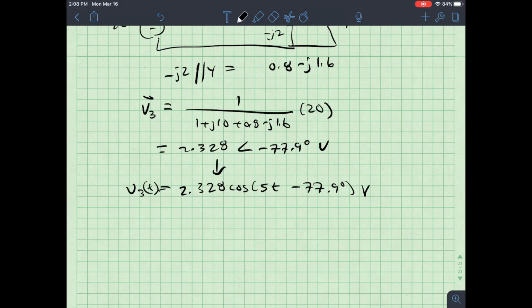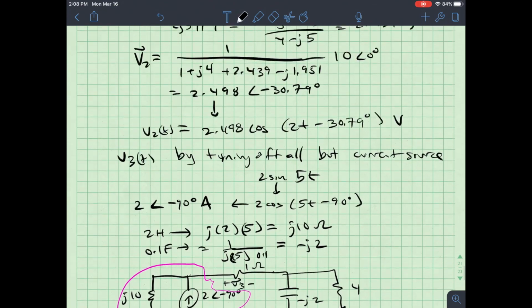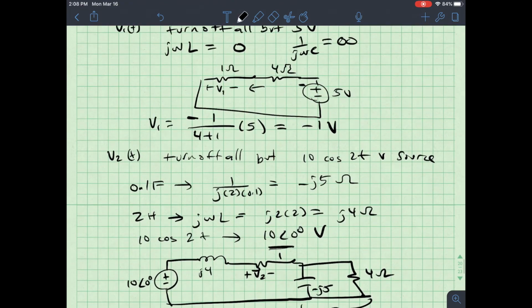So my total V of t is the sum of my V's. Let's go back to each of the subsequent parts.